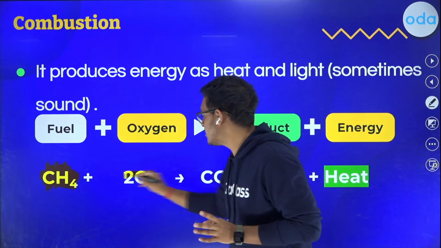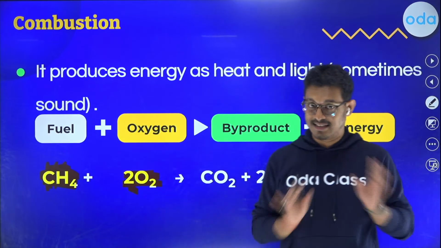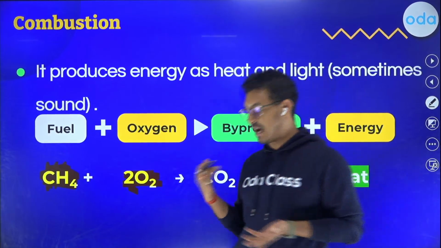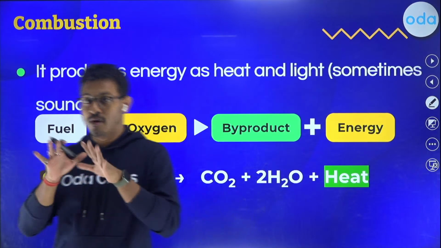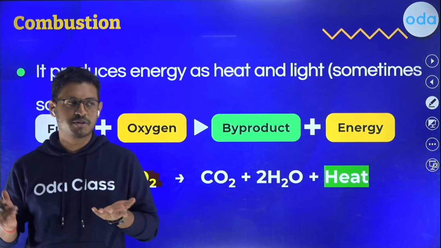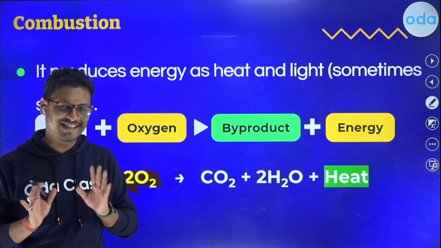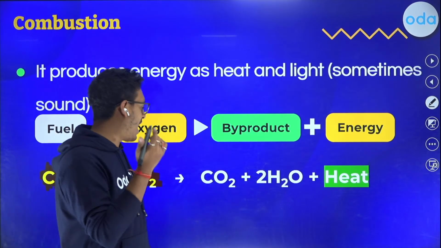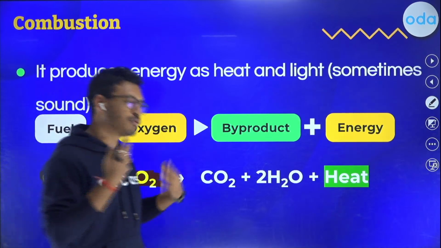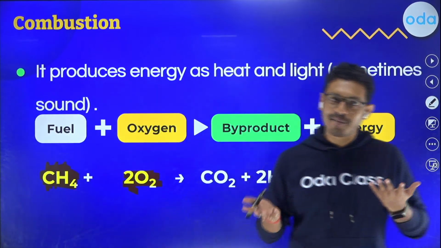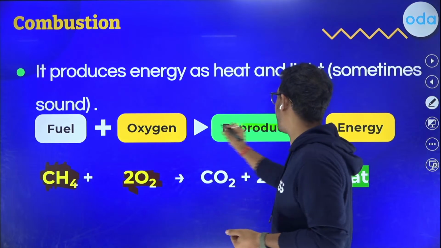Then we have oxygen. Oxygen is a must. It's the essential material. So in an exam, if they ask you among the following which one is essential for combustion, try to look for oxygen if it is there. If there is no fuel or anything, and oxygen is there, that's your answer. Now, after the reaction takes place, of course, कुछ तो आएगा उससे, something has to come out of it, and then you have the byproducts.